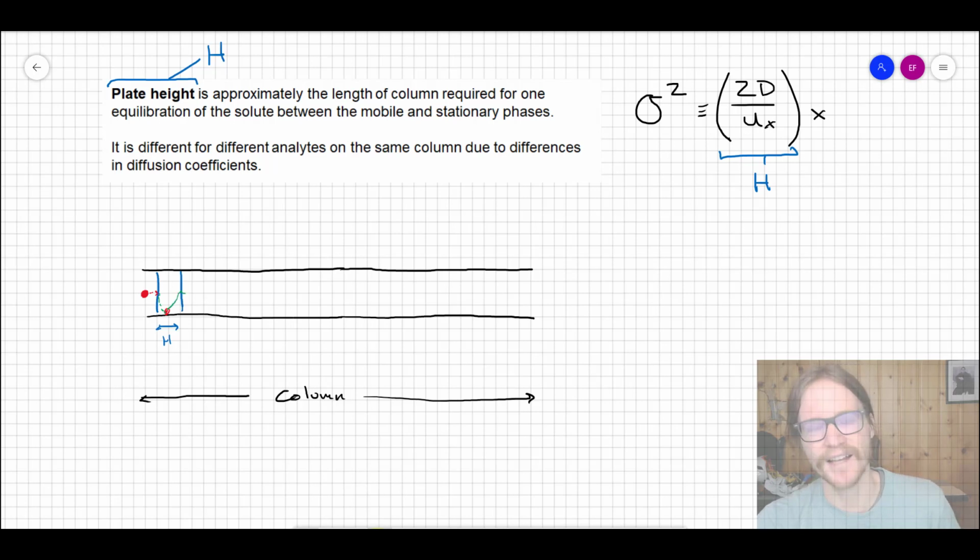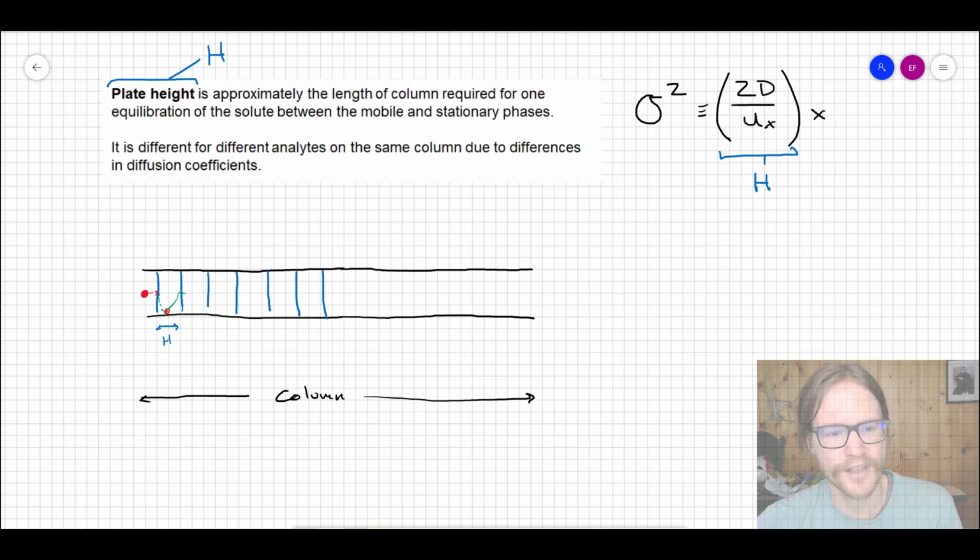That process is occurring because the mobile phase is moving this along the distance x of the column. So the height here is literally that distance for one equilibration cycle to occur. How far, instead of how long, it takes for your particular analyte to reach equilibrium. And you can imagine that height is a constant for that system if no variables change.